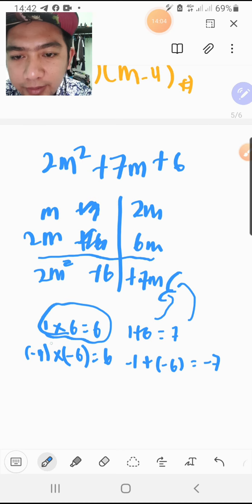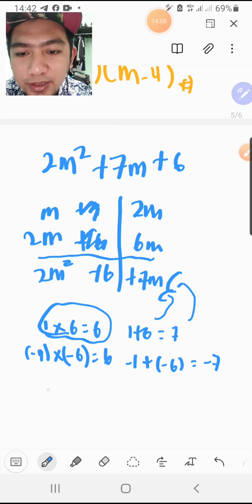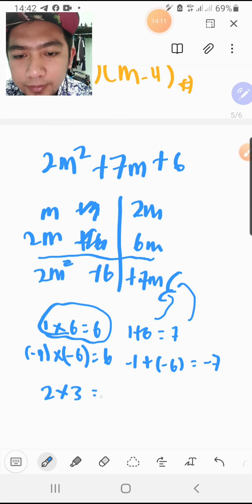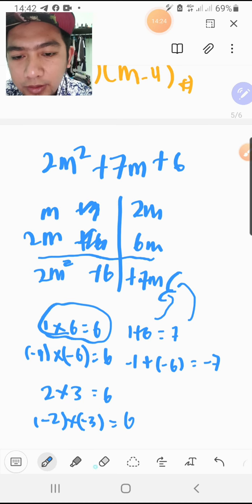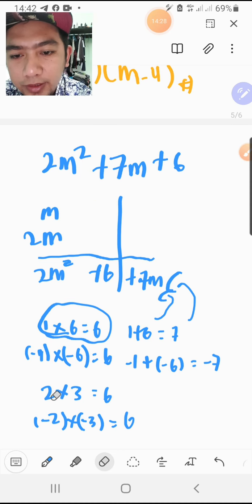Okay, now we try. What other numbers can give 6? 2 times 3, right? You will get 6. Or you can choose negative 2 times negative 3. Alright. So you will get 6. So now, let's try first. We take 2 and 3. So we put 2 here, and 3 here.